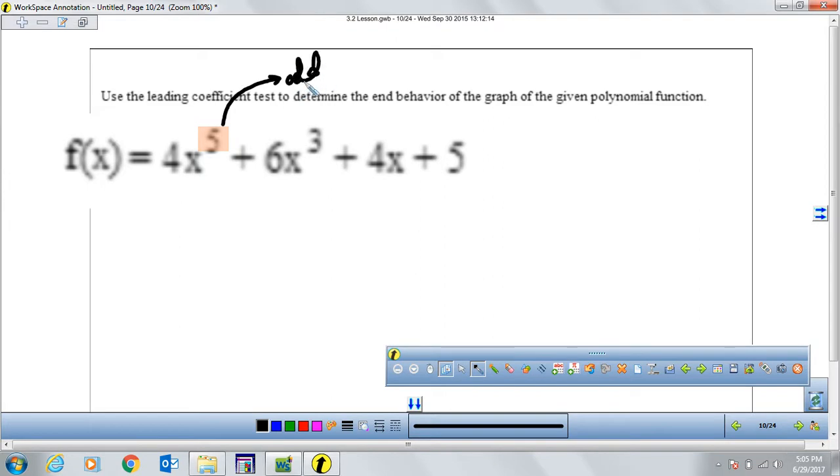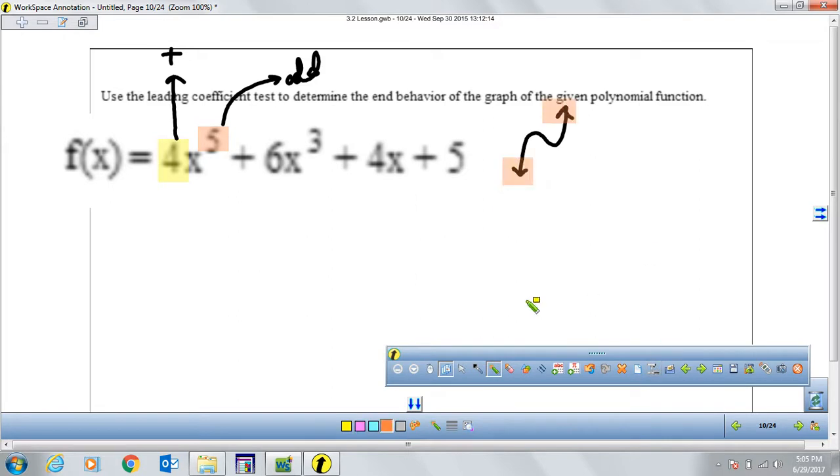We know that odd means it's going to look like an S shape. And we can see also that the leading coefficient is positive. So if it has an odd degree and a positive leading coefficient, this is the shape that we're going to see on that function. The left end is going to decrease and the right end is going to increase. So this is how we explain the end behavior.